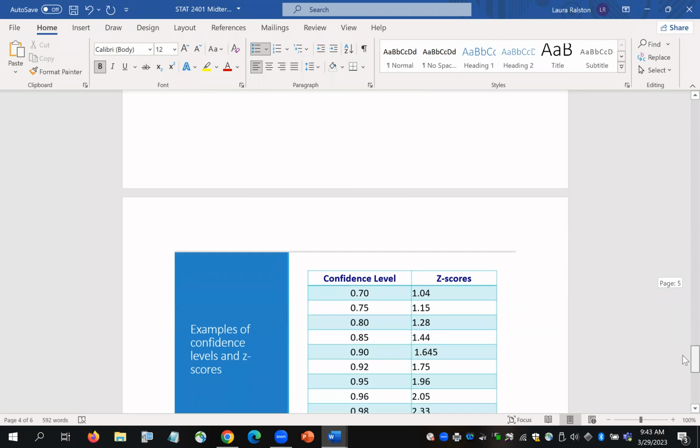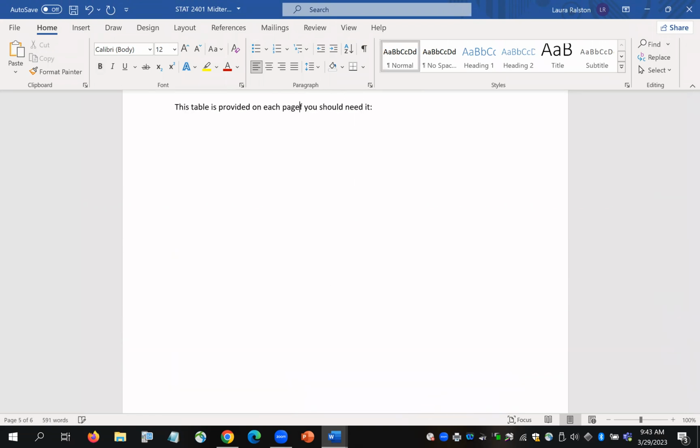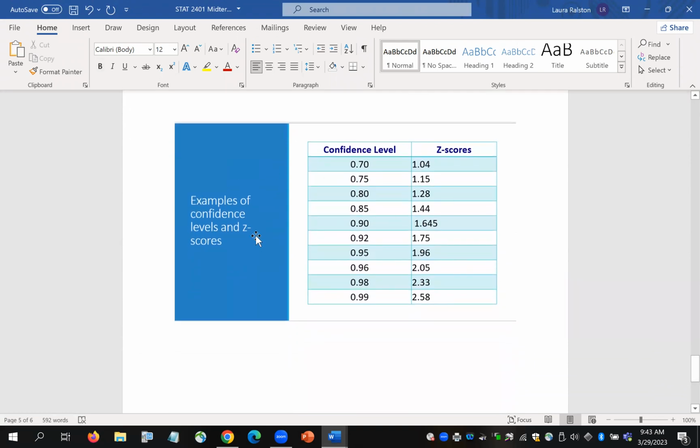And I remind you, and this table kind of got scrolled down a little bit, the table that you need for doing the sample size estimation to find your critical value is given at the top of the page in the actual exam, but it's also here on this page.